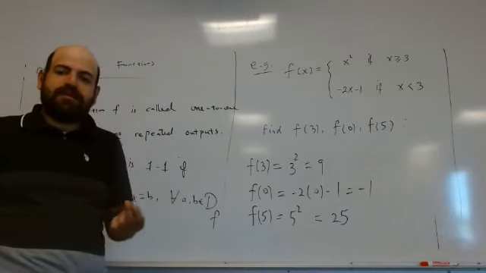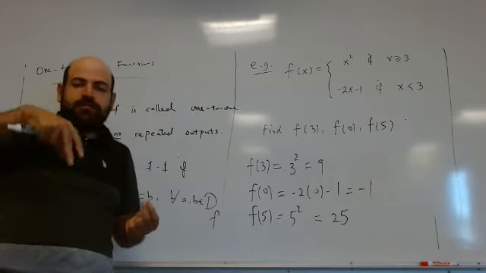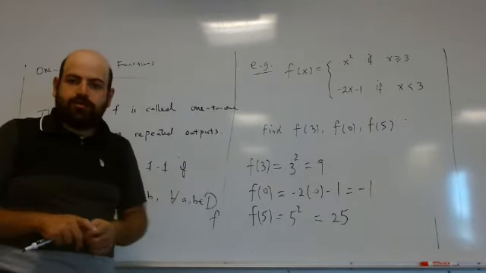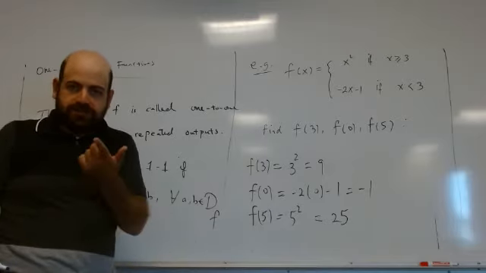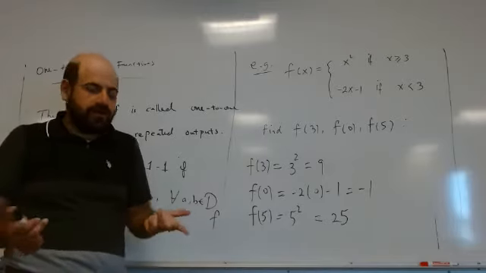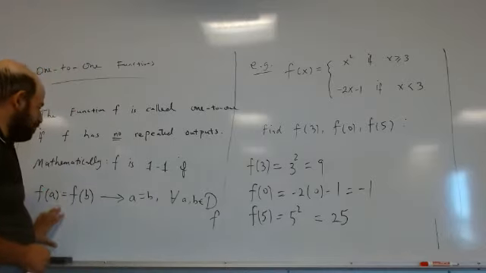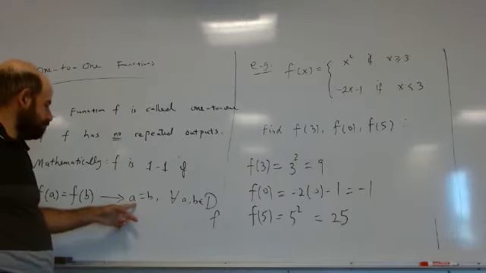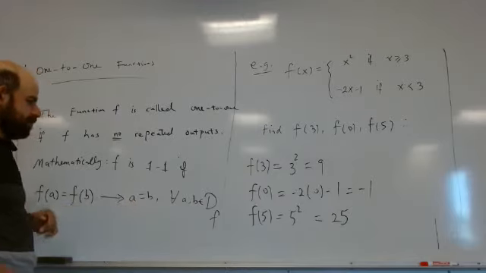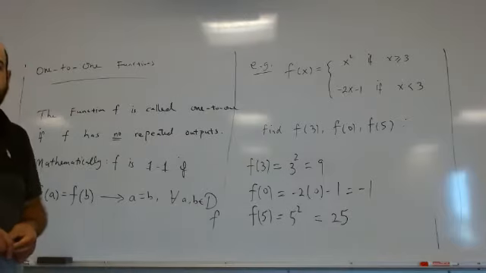When we say repeated output, it means the same output happening with 2 different inputs. If the input is the same, of course the output is the same, then it's just one output and of course one input. So if from equality of outputs you can conclude that the inputs must be equal, then the function is 1-to-1 because there is no repeated output.